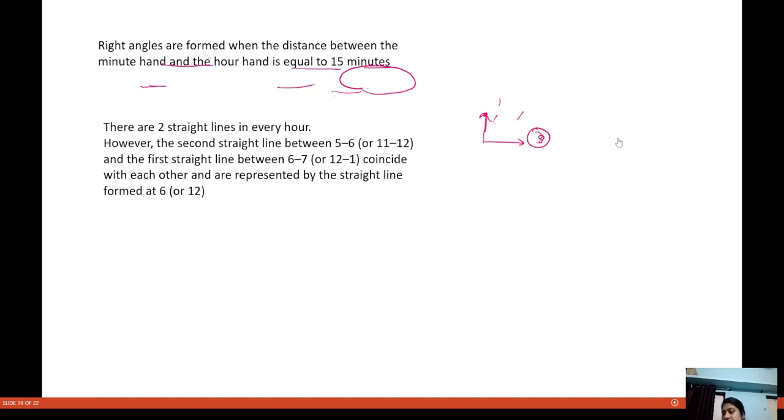And if your hour hand is, let's say, at 1, then your minute hand is at 4. So whenever the distance between the minute hand and the hour hand is equal to 15 minutes, you will have a right angle.